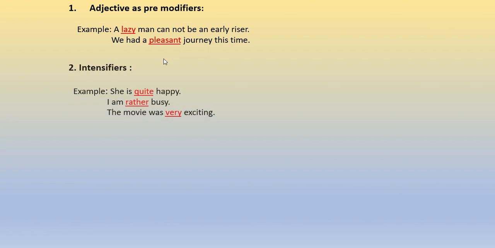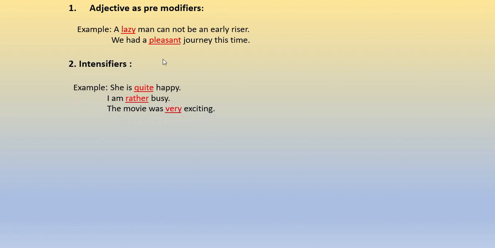In the next rule, intensifiers. Intensifier comes from the word intensify. Intensify means to emphasize or to make the meaning stronger. Here you can see in the examples: she is quite happy. I am rather busy. The movie was very exciting.